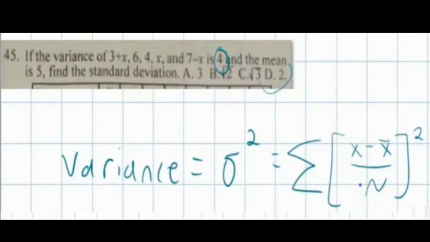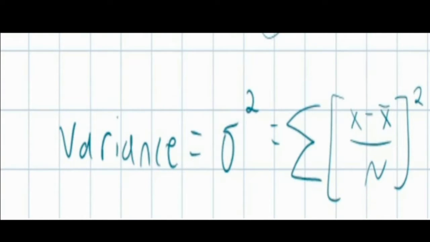Question 45 says if the variance of 3x, 6, 4x, and 7 minus x is 4, and the mean is 5, find the standard deviation. So variance is the same thing as taking the standard deviation and squaring it. And so they just told us that the variance of these numbers is 4.